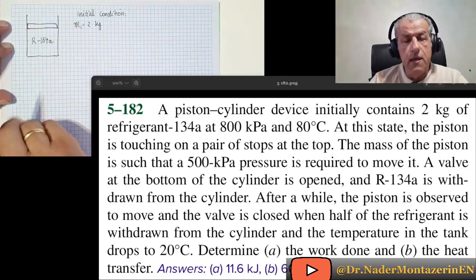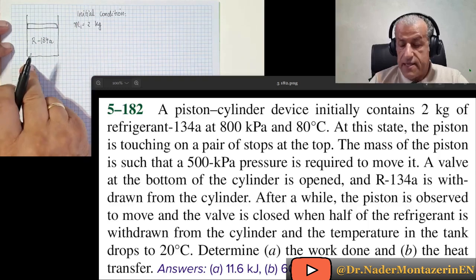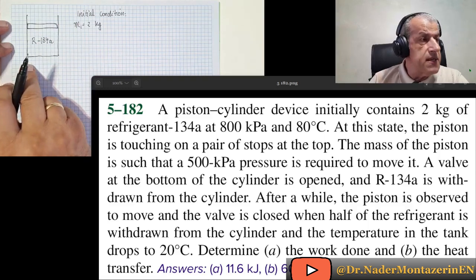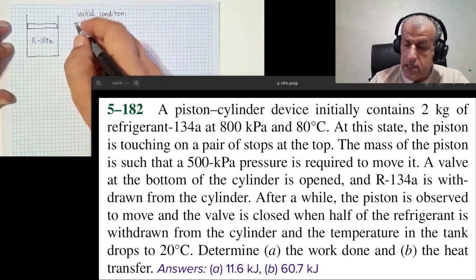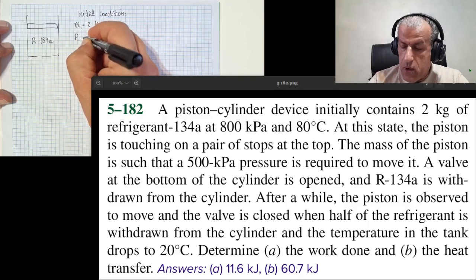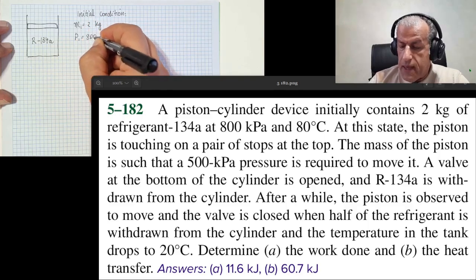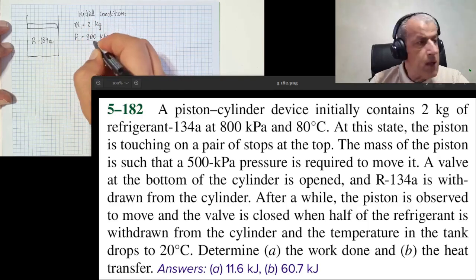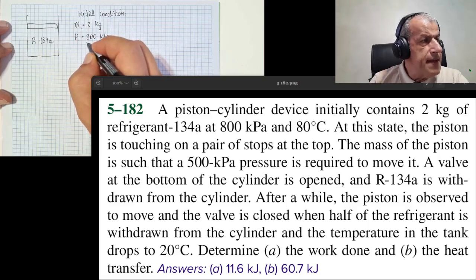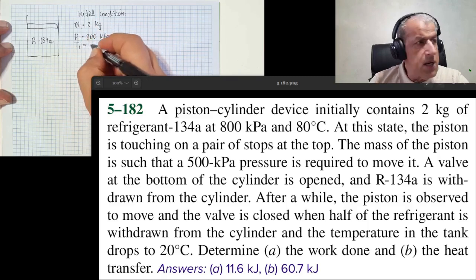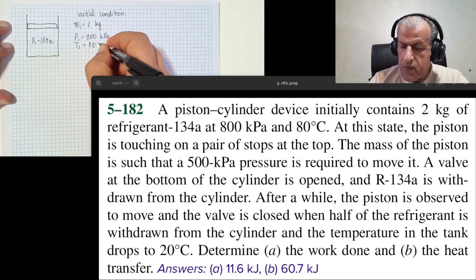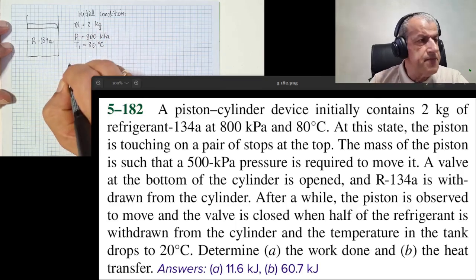This is what is inside this cylinder piston device. And it initially contains 2 kilograms of R134A at 800 kilopascal. P1 equals 800 kilopascal, and T1, initial temperature, equals 80 degrees C.